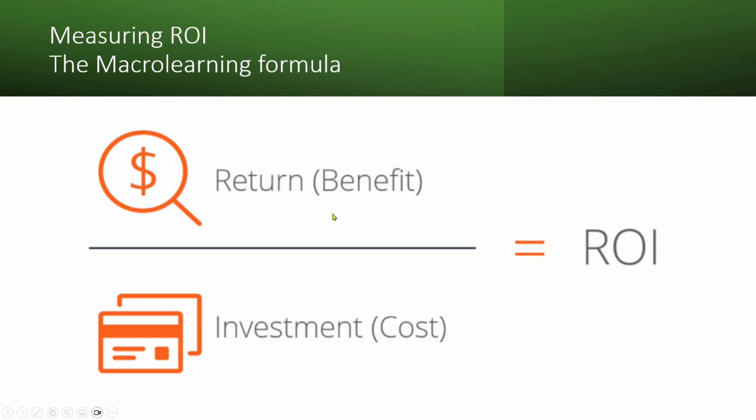So $2,000 was determined to be the benefit, $1,000 was the cost. ROI, very simple, that's 200%. Okay, that's macro learning for a particular class, LMS, or so forth. That's how you measure the ROI for any kind of macro learning.